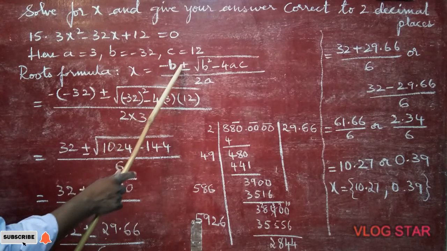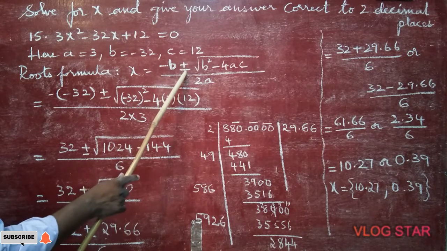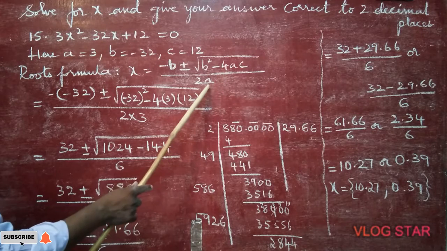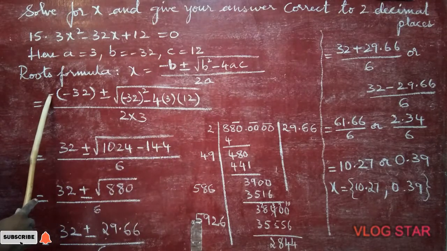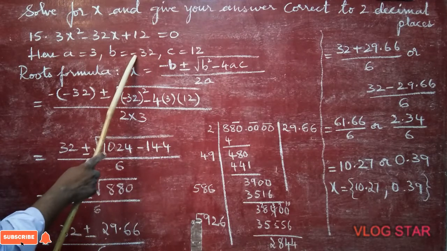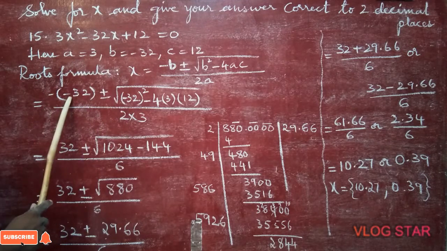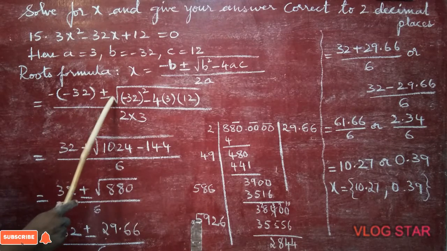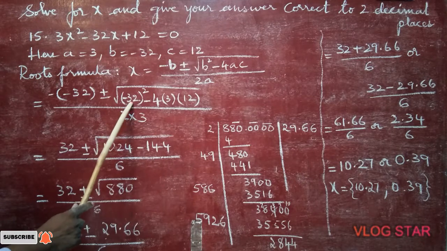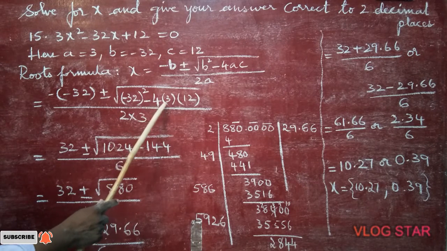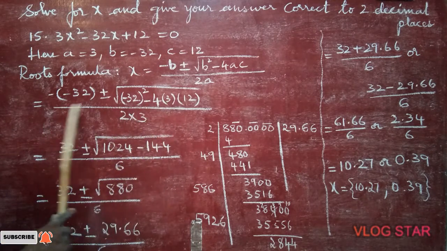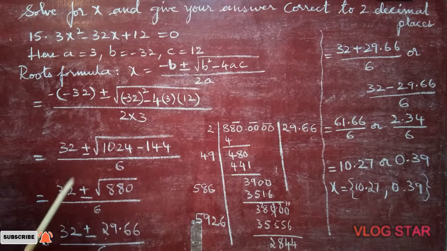x is equal to minus b plus or minus square root of b square minus 4ac by 2a. Minus of minus 32, because the b value is minus 32. Formula minus, problem minus. Plus or minus square root of minus 32 whole square, minus 4 into 3 into 12, divided by 2 into 3.